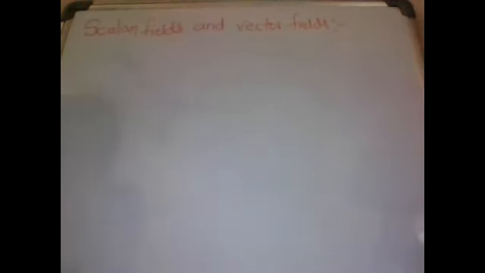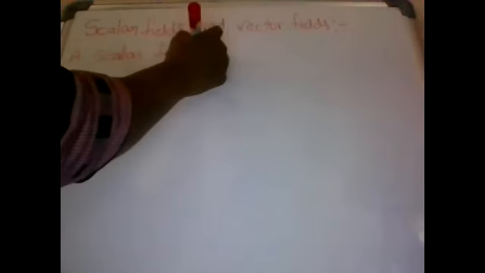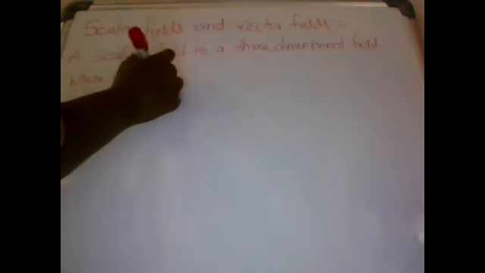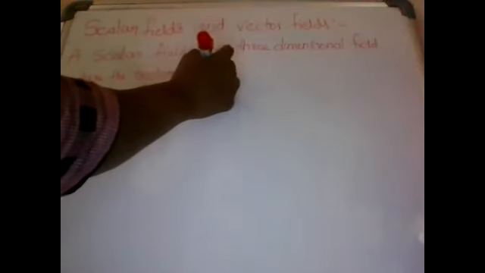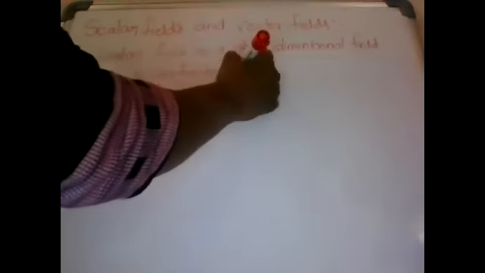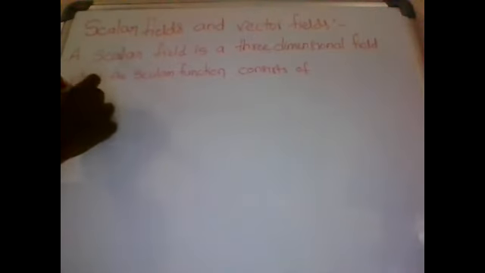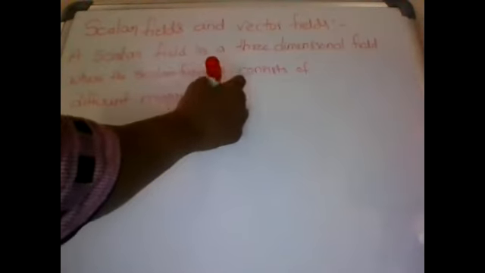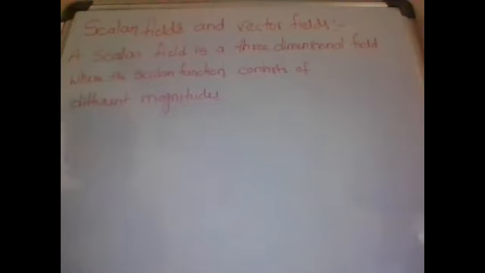First, the scalar field definition. A scalar field is a three-dimensional field where the scalar function consists of different magnitudes at different points of the field.